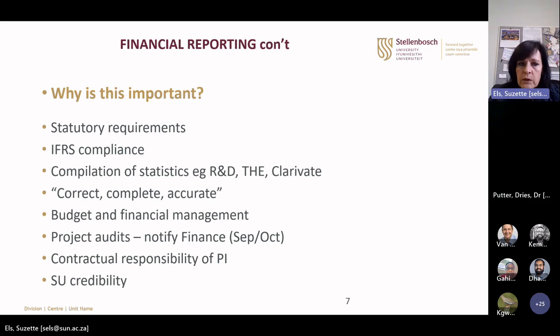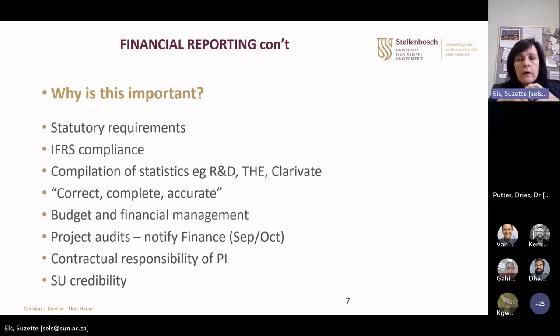It's important because we have to do proper financial management of a project, and sometimes, and that is also one thing that you please need to check in your contract with the funder, whether they do require an external audit.